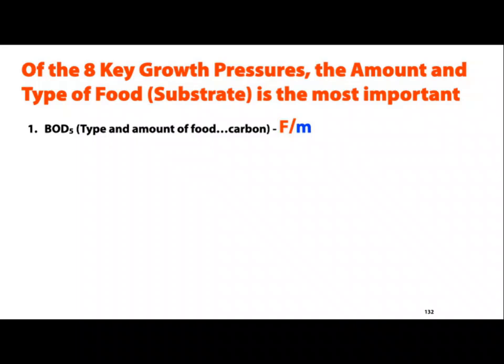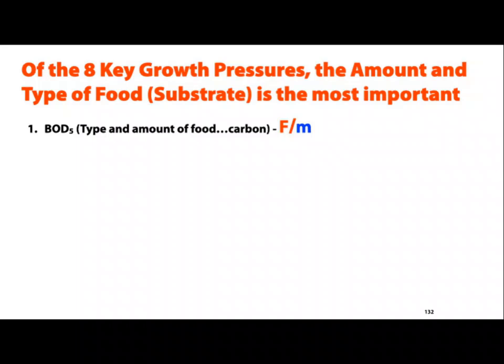F to M is a concept of trying to understand what the F is, that's the amount of food that's available, and have some balance that is adjusted for that F, that's the microbial fraction, right? So F to M is a relationship between available substrate to be utilized, F, and the amount of biomass that's going to eat that F, M.